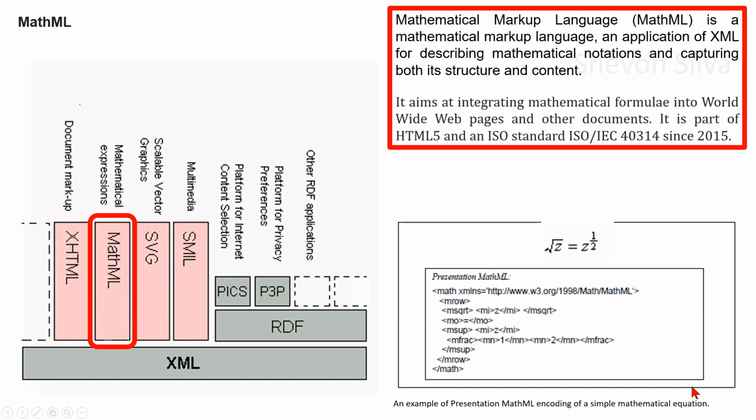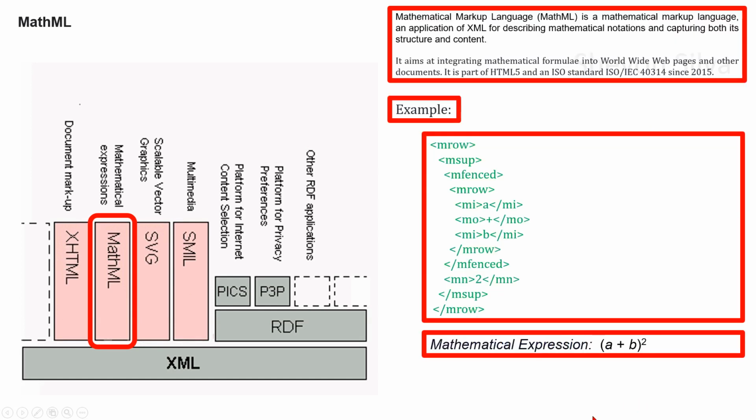As an example, we can consider this code segment for the mathematical expression (a + b) squared. This example demonstrates a number of presentation elements. The first element, one that is used a great deal, is mrow.